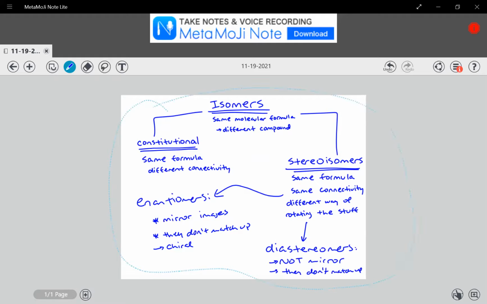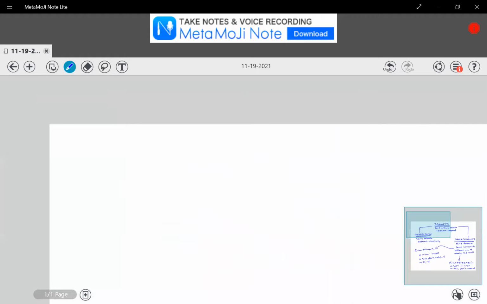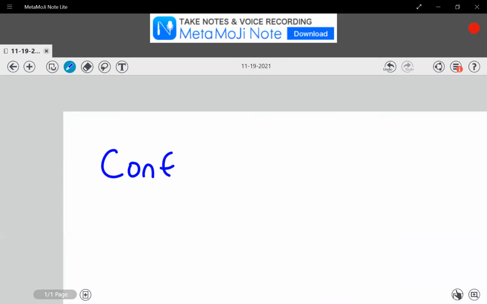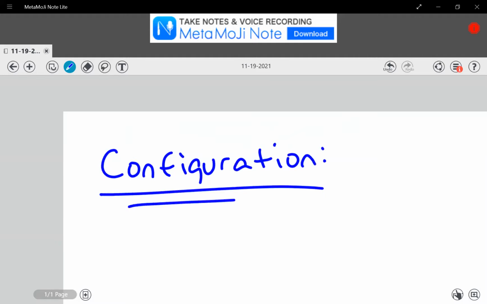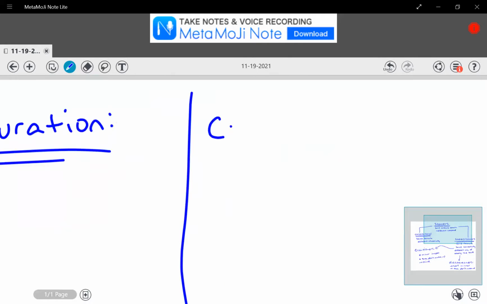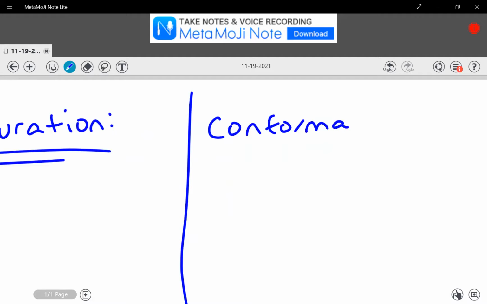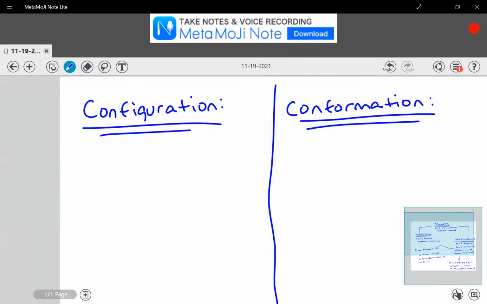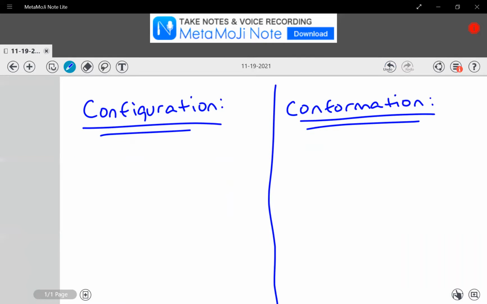And it's actually pretty simple. Configuration, conformation. Configuration means that we've got 2 molecules and they can't become one another without breaking their bonds.